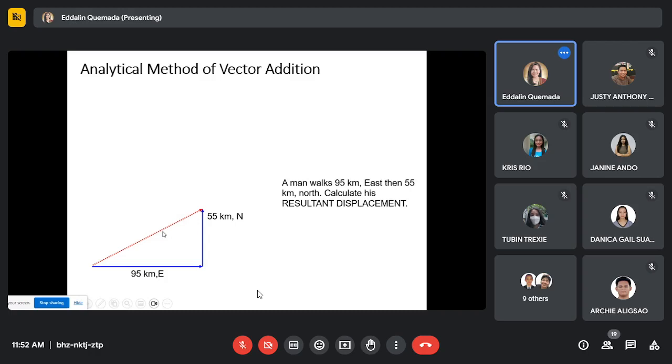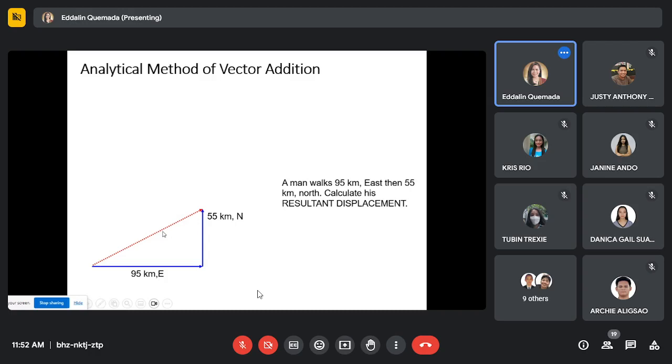A and b represent the legs of our given triangle, where a represents the horizontal component, the one indicated as vector 1, and b is the vertical component, or vector 2 in this problem.